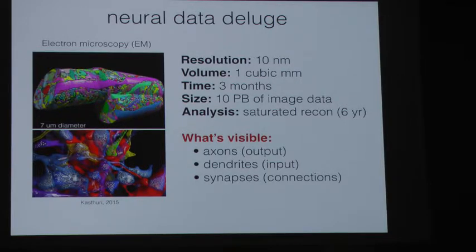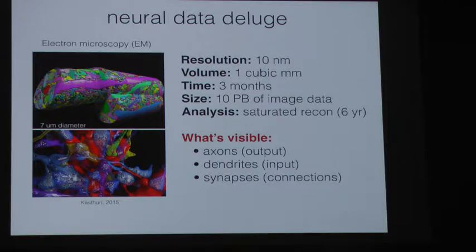So just to set the stage, electron microscopy is a technique that's now become pretty prominent in neuroscience. Electron microscopy provides us with very high resolution data, so the resolution is about 10 nanometers per voxel. The volumes that people can currently image with electron microscopy is something on the order of a cubic millimeter, so a very tiny fraction of the brain.